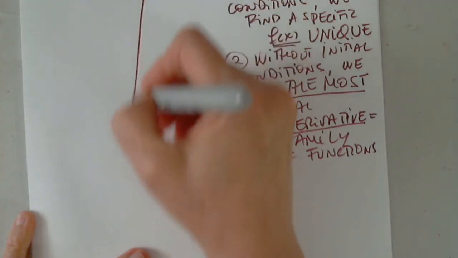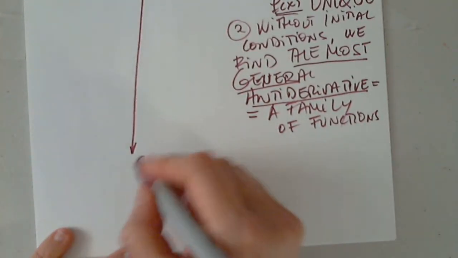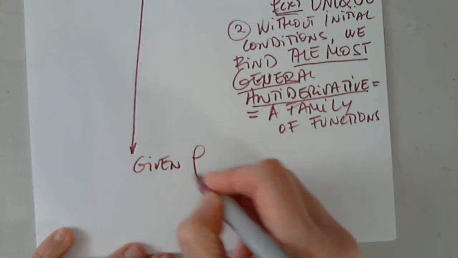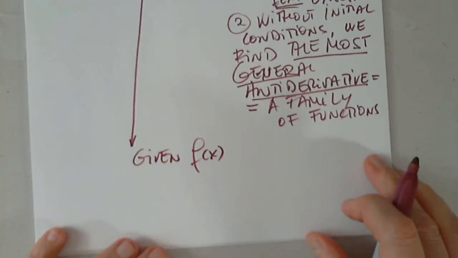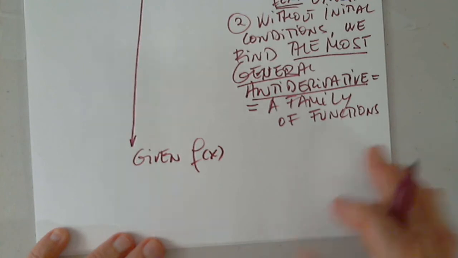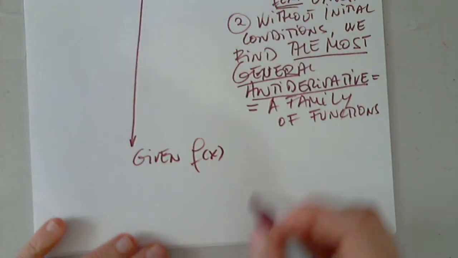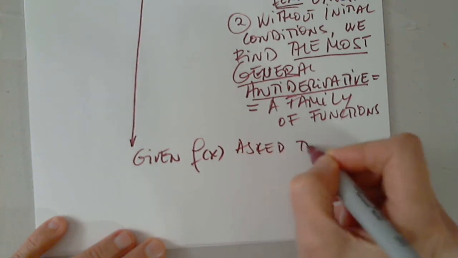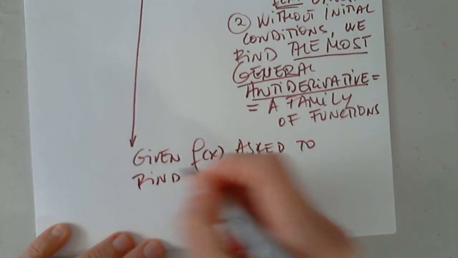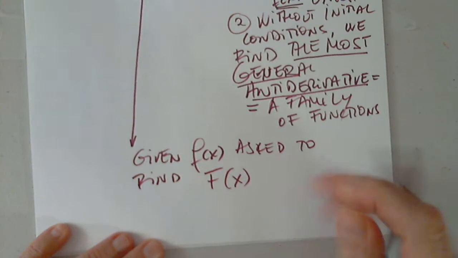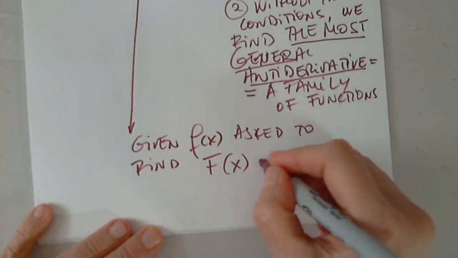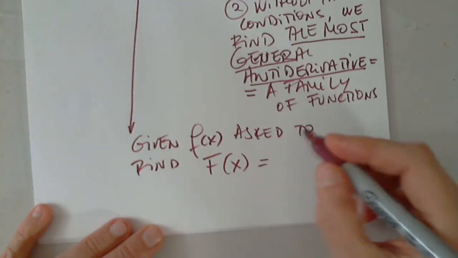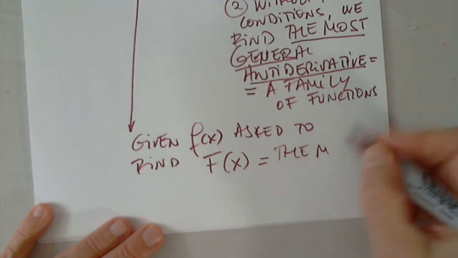There is a second option. If I'm given f of x, which is a function, we may be asked to find uppercase F of x, which is, by definition, the most general antiderivative.